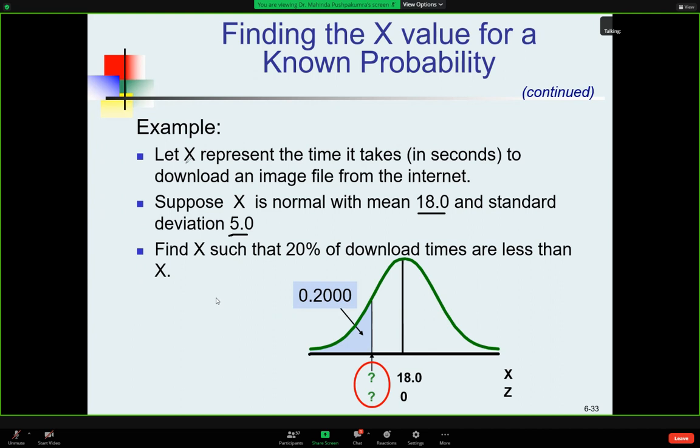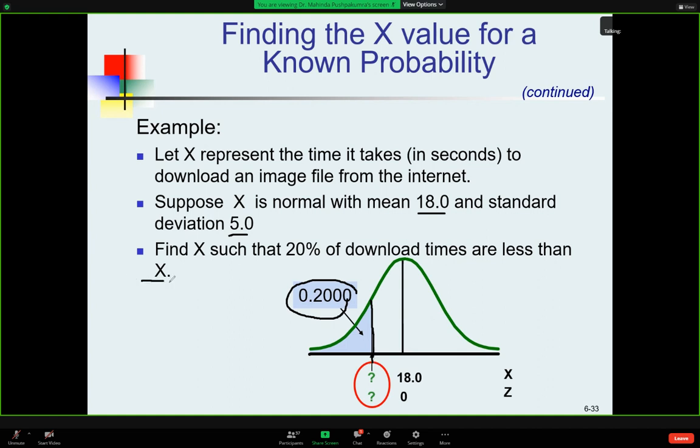Find x such that 20% of download times are less than x. That means this area should be 20%.